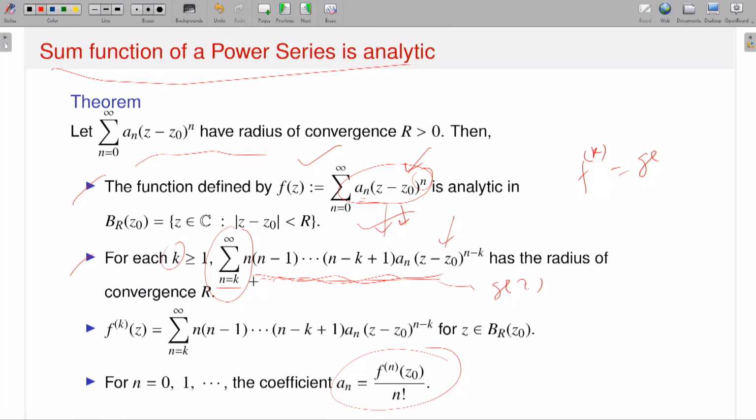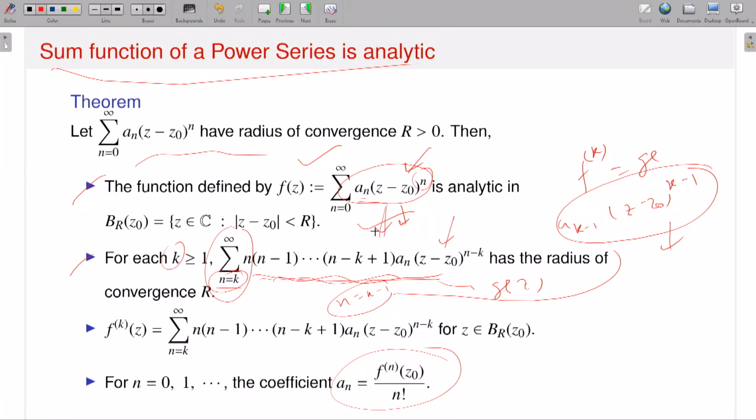If I consider the n equals k minus 1 term, a k minus 1 times z minus z naught to the power k minus 1, its kth derivative will be 0, so it will not contribute to the sum of my new power series. That is why the sum starts from n equals k to infinity, because I am considering the kth derivative of the terms of my given power series.